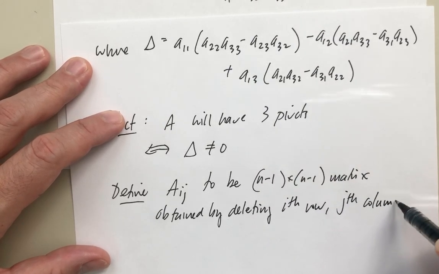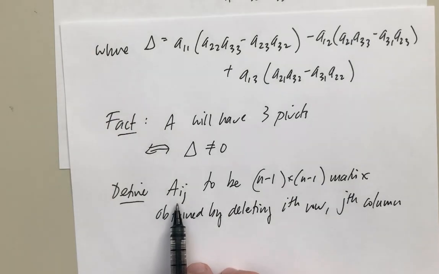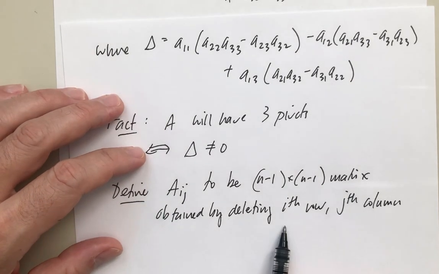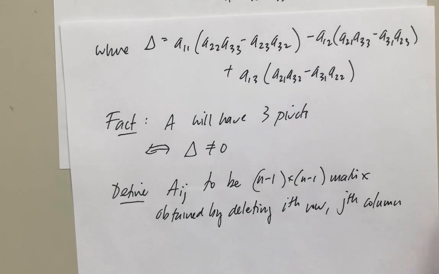So if A is an n by n matrix, I can delete the ith row and the jth column, and I get a smaller matrix, right?